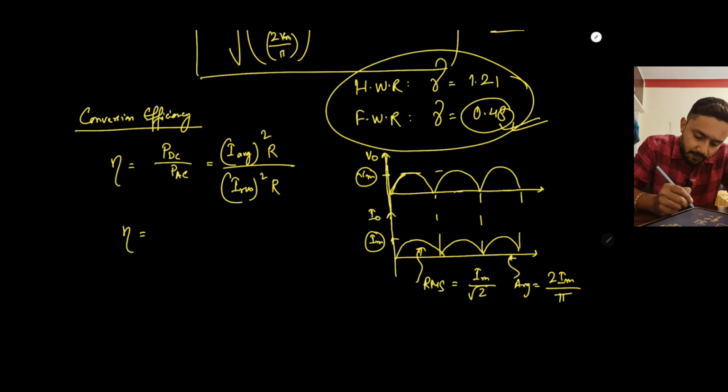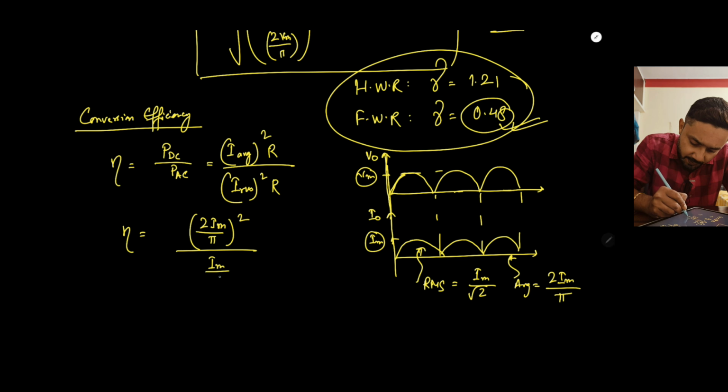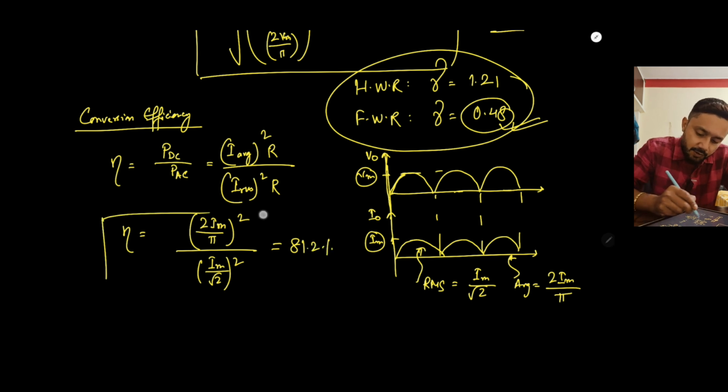So what is the conversion efficiency? I average square, twice Im by pi whole square, by I RMS square, Im by root 2 square. If you calculate this, we will get the conversion efficiency as 81.2%.